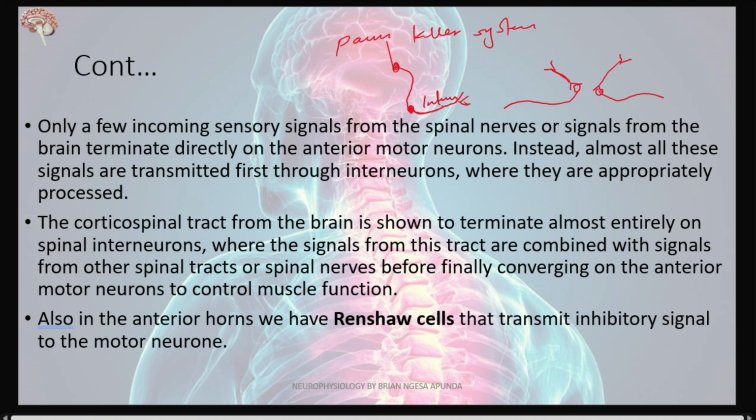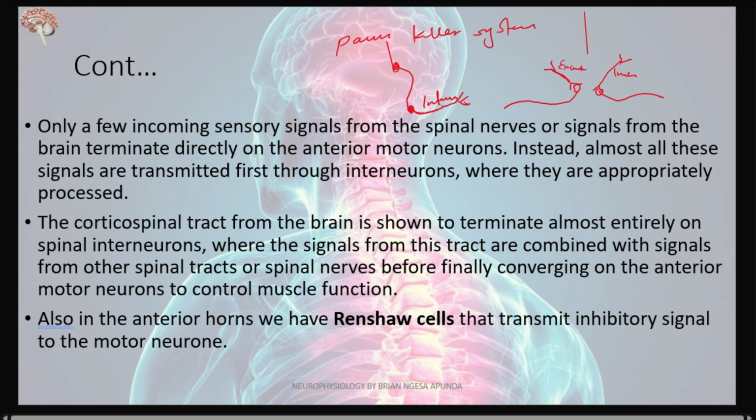So while we are having a corticospinal signal coming from the brain, remember we were also talking about some other reflexes that are very important, or how sometimes the neuronal impulses need to be propagated to ensure effective movement. So let's assume this is an excitatory and this is an inhibitory.